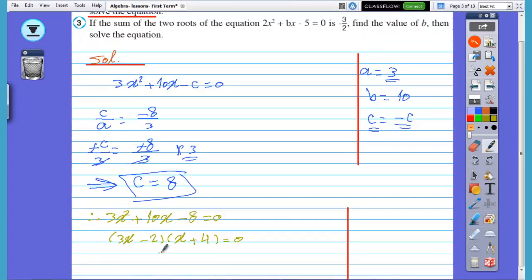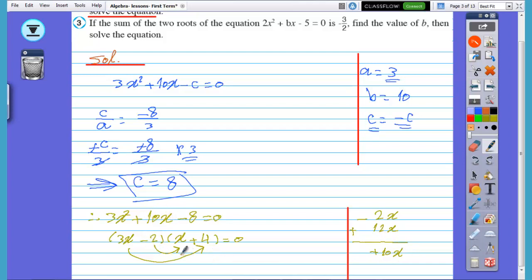Note that the product of the means equals negative 2x plus the product of the extremes. The extremes here is 3x multiply 4 equals 12x. Their sum equals negative 2 plus 12 equals positive 10x. 10x here is the middle term.